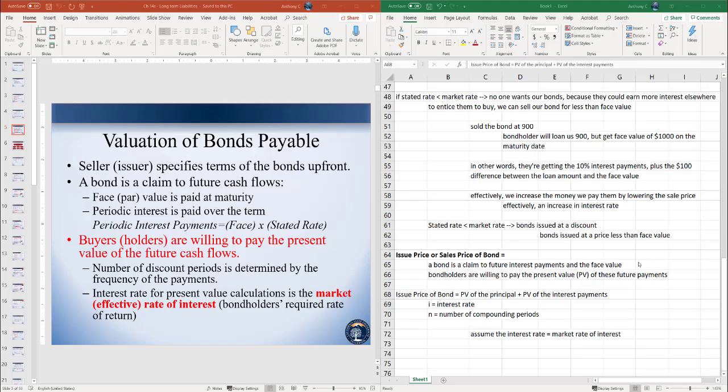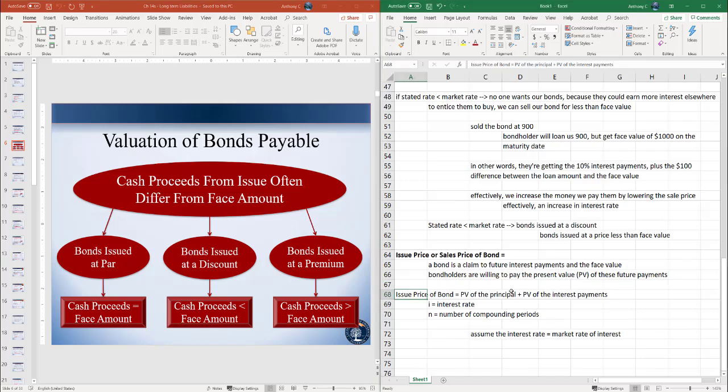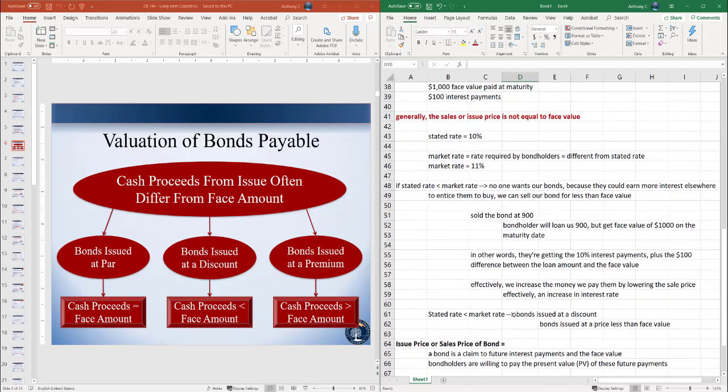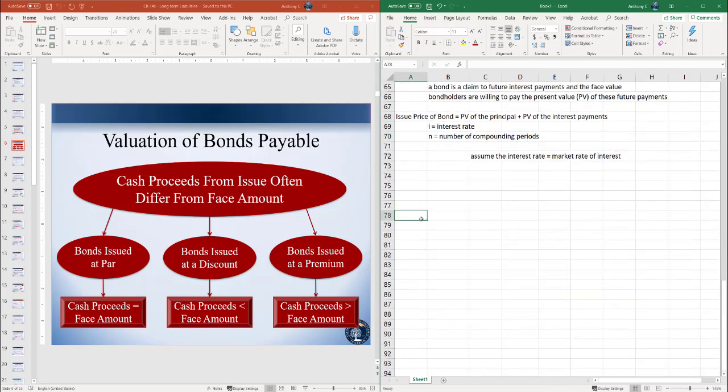We'll look at some brief examples of the present value calculations in a sec, but for now, let's cover the other side of this, which is issuing bonds at a premium. In the past example, the stated rate was less than the market rate, so it gets issued at a discount because this effectively increases the interest rate.